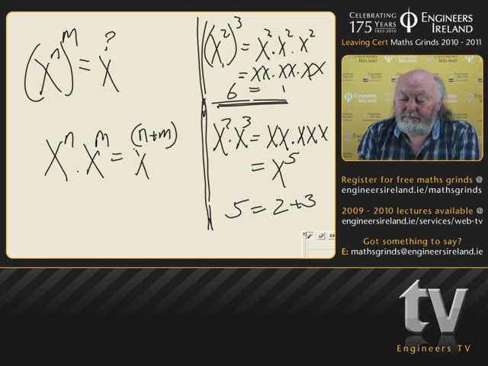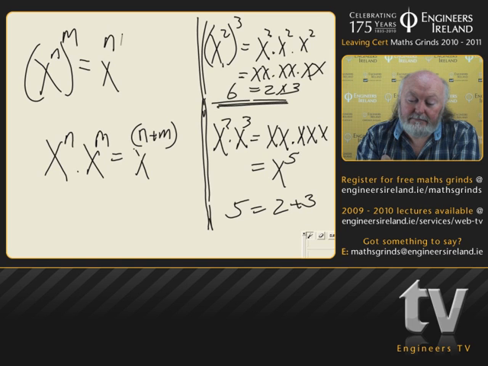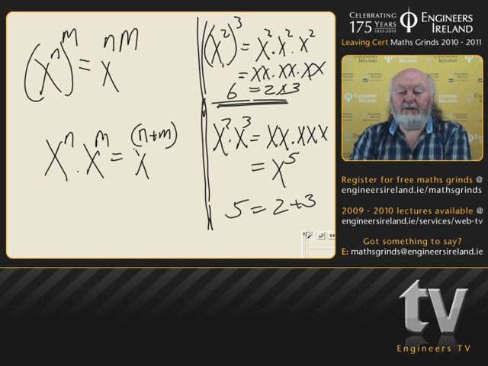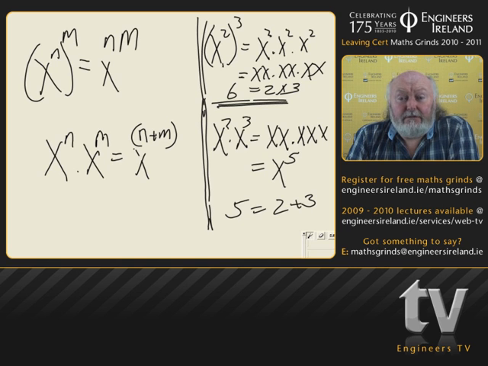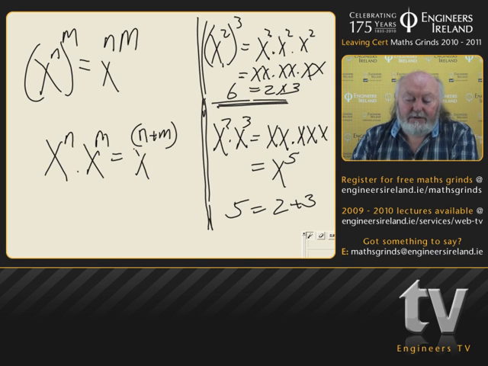So now you can fill this in. They're all straightforward. They all come from the first very simple run of just what powers or indices actually mean. Now there's a few others that you need to know.